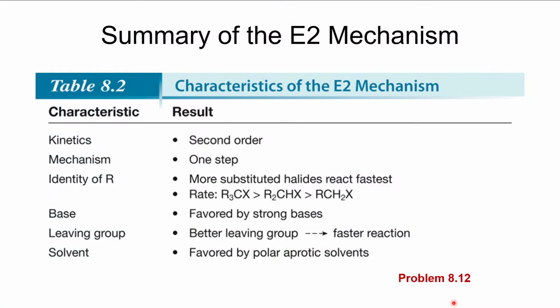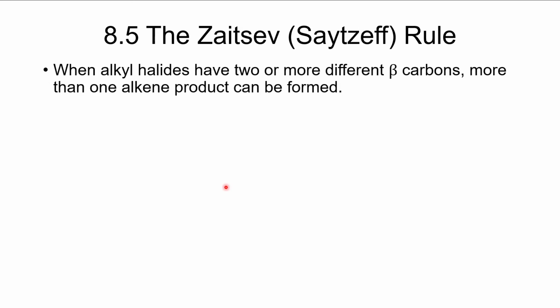All right. We want to look at something that we refer to as Zaitsev's Rule. Zaitsev was a chemist who came up with this rule. What Zaitsev told us is when alkyl halides have two or more different beta carbons, more than one alkene product can be formed.